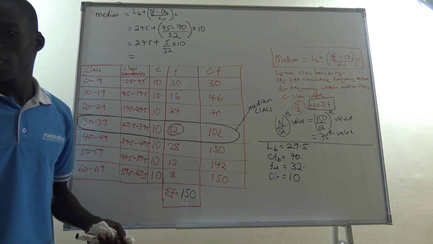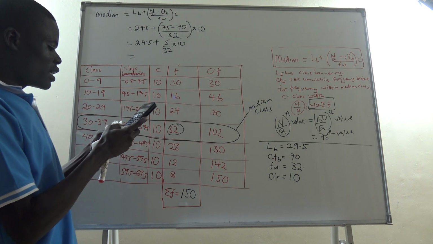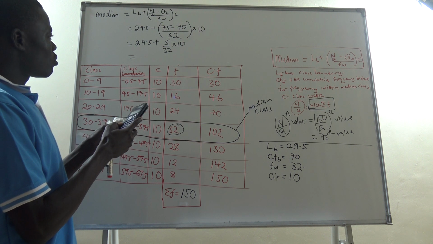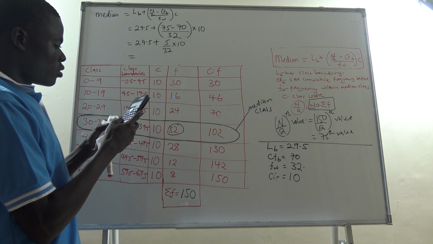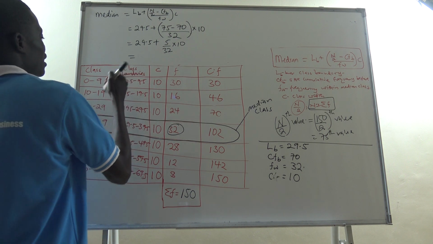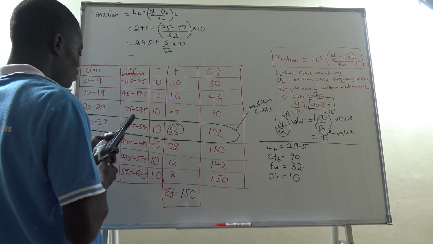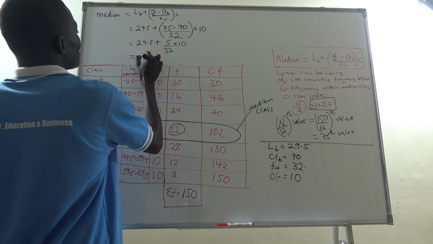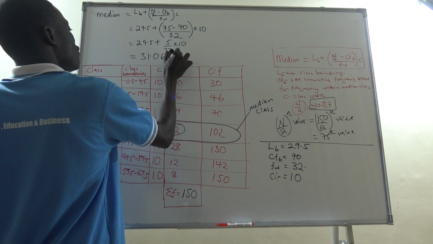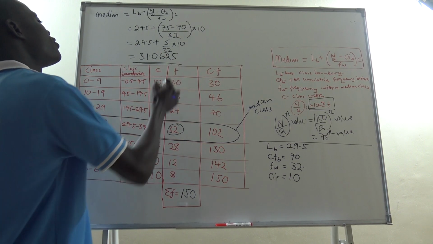So let me take my calculator and calculate to see what we are getting. So it is 29.5 plus 5 out of 32 times 10. So you get 31.0625.